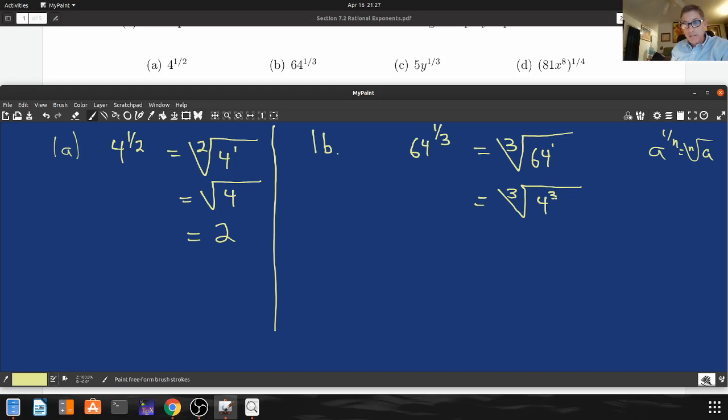So our index is odd, and by a rule that we learned in section 7.2, the nth root of a to the n is equal to a when n is odd. So since my index n is odd, my answer is 4.